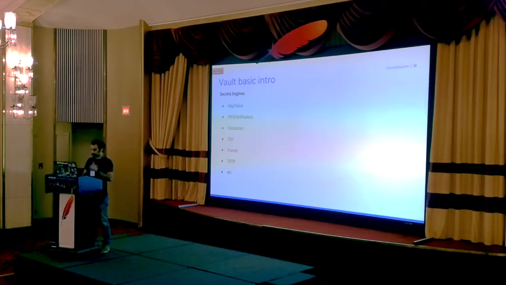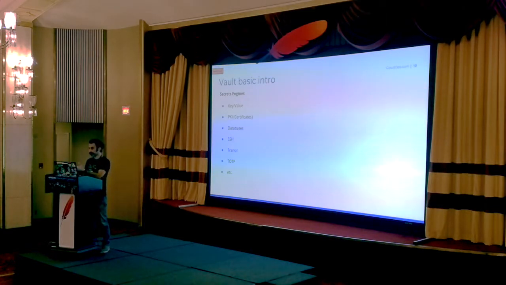The only thing that you need to consider with using the transit backend engine is that since the design was done so that it can encrypt anything, it's not only a string, as I mentioned. It can encrypt the blob as well, whatever. You need to base64 whatever you are passing to it. Then Vault is going to encrypt the base64 version, and when it decrypts, it's going to give you back the base64 version of it.